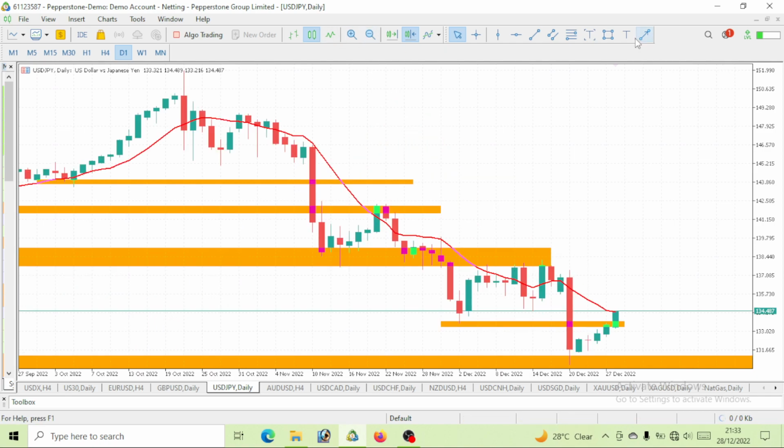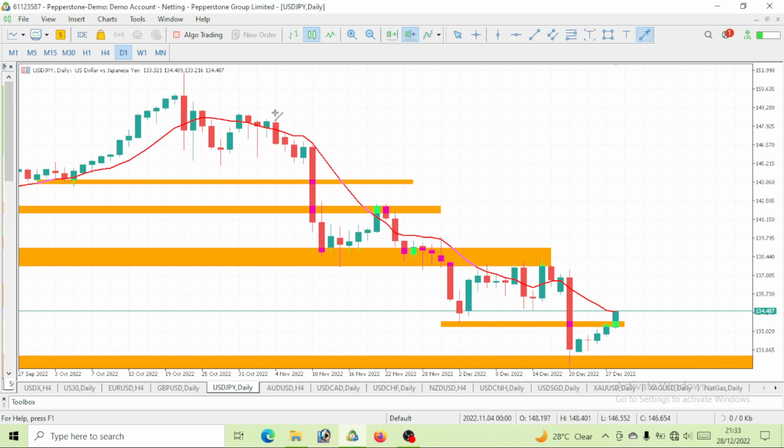So we clearly can see that this is a downtrend movement. You can see lower lows and lower highs, right? That is one. Secondly, you can see this price is trading below the 10 period moving average. You all know that once your price is trading below your 10 period moving average, then definitely that is a sell movement. So this is one of the reasons why USDJPY is still on a sell movement.